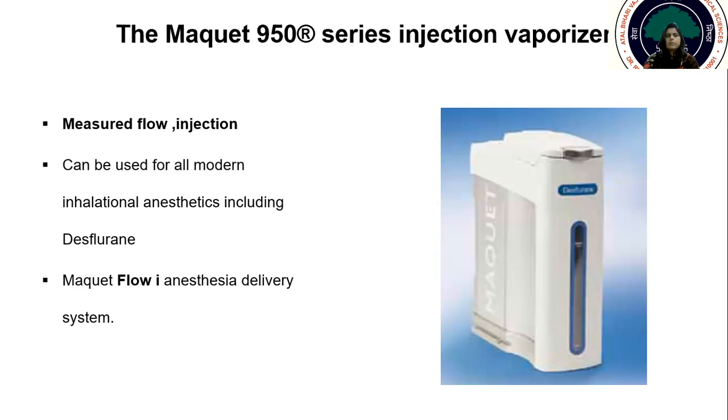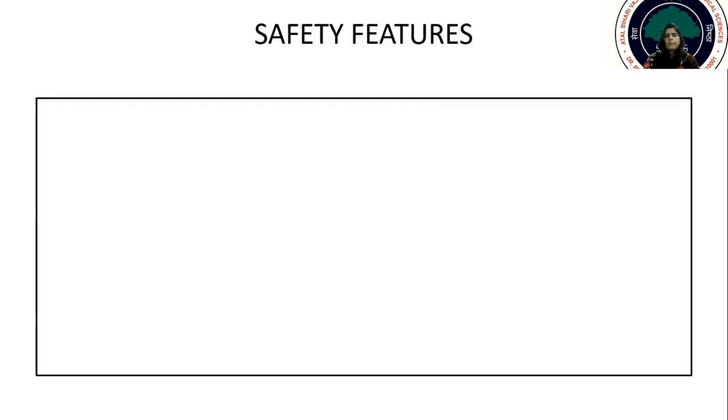These are also measured flow type vaporizers which use injection as the method of vaporization and can be used for all modern inhalational agents including desflurane. The Maquet vaporizer is used with the Maquet Flow-i anesthesia delivery system.